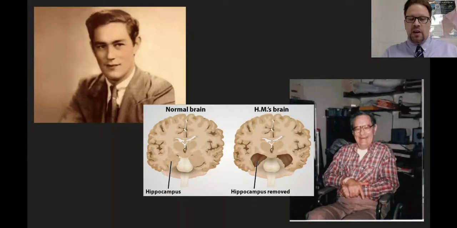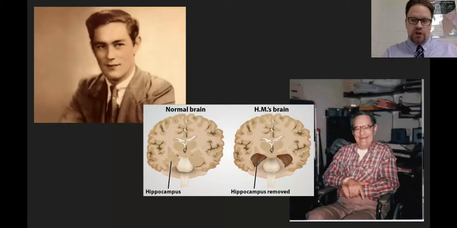How we know that is the case of patient HM, who had a botched surgery attempting to treat his severe epileptic seizures, which he suffered as a young man. They actually had his hippocampus removed from both sides of his brain.